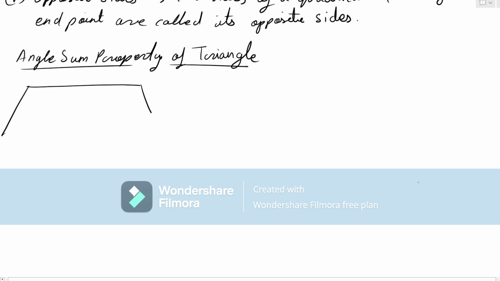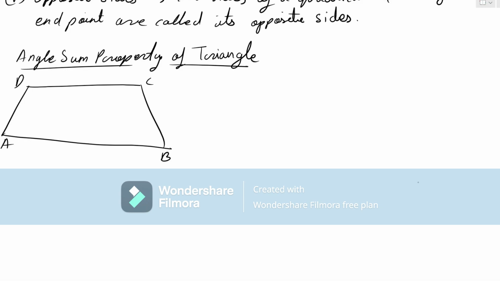So here we have drawn a quadrilateral. Let's name it A, B, C and D. Now let's draw a diagonal that is AC. Now at first, what can you guys see? A quadrilateral with a diagonal, right?